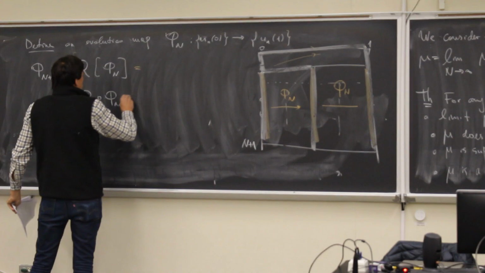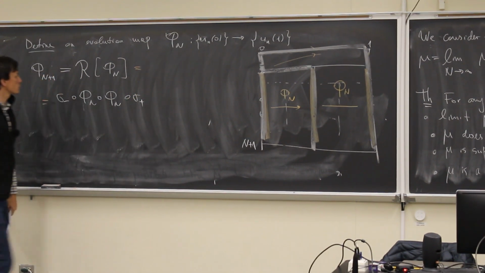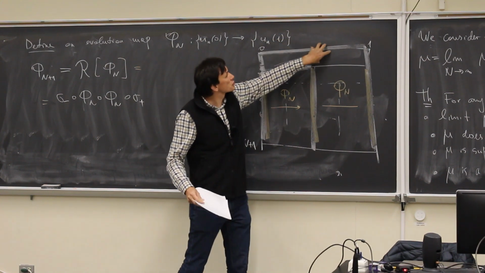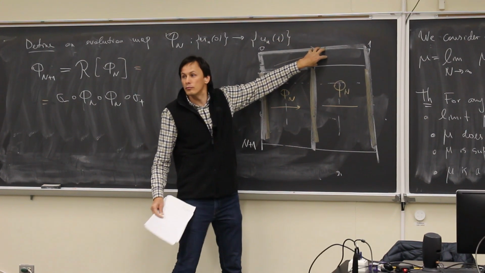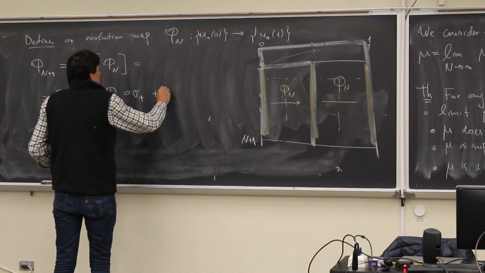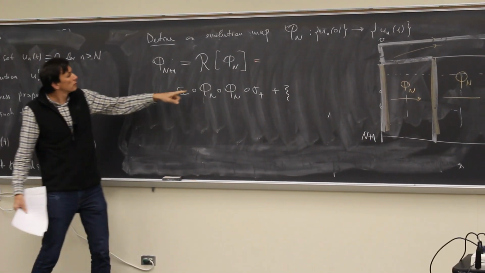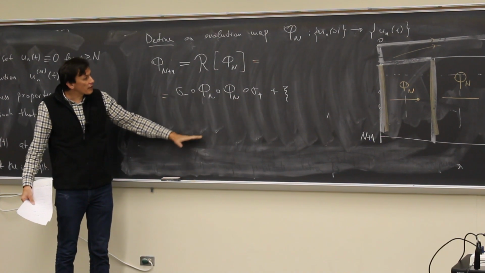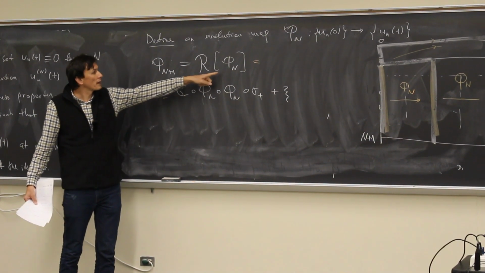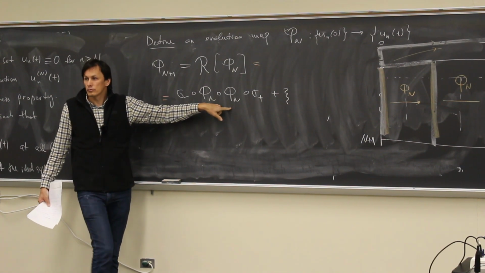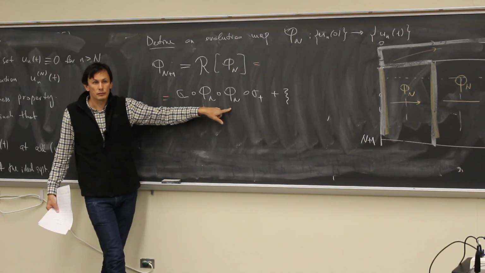So it's an inverse shift. And then you have to add just two interactions which are on this block which you didn't put. So what you see is that increasing n is just applying a certain operator to the evolution map.